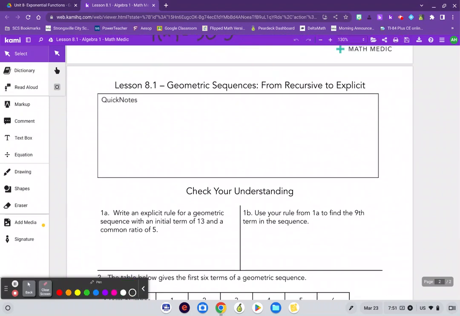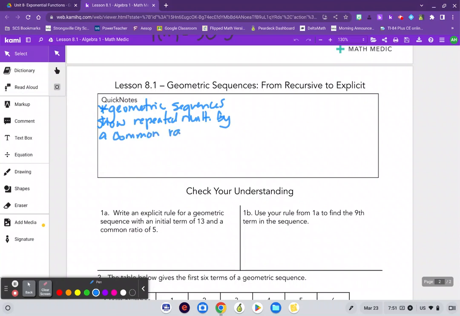All right, so in our quick notes, a few things that we want to say are that we have geometric sequences. So we're kind of bringing this idea back. Geometric sequences show repeated multiplication by a common ratio. And we called that common ratio r.